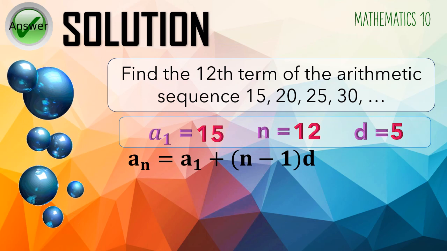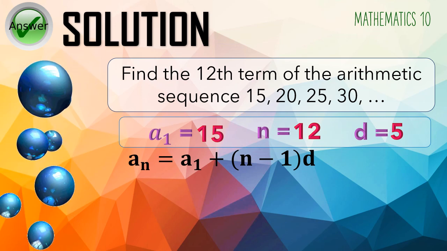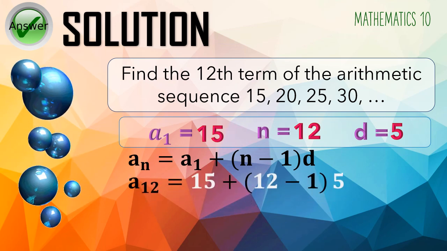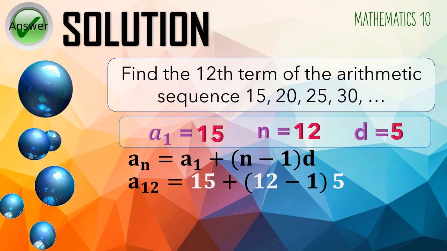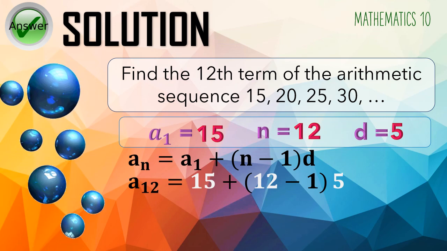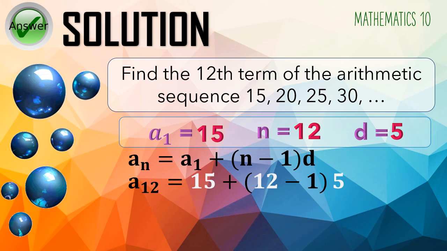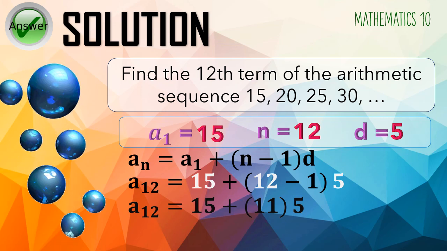Since we do have our formula already, you just simply substitute the data that we sorted out. So substituting, then simplifying using PEMDAS. You need to simplify first the ones inside the parentheses. So 12 minus 1, it's 11.